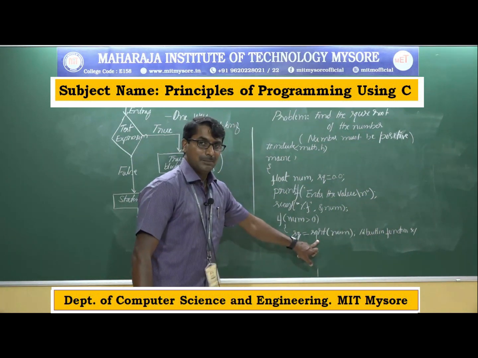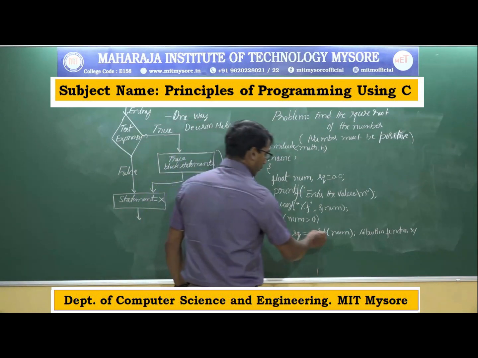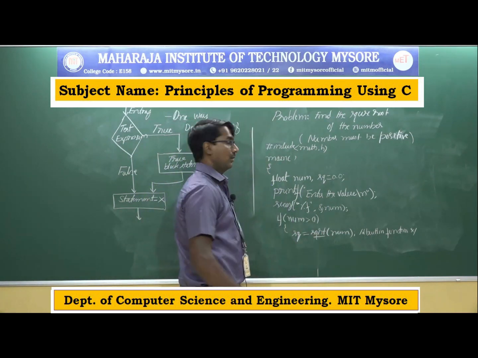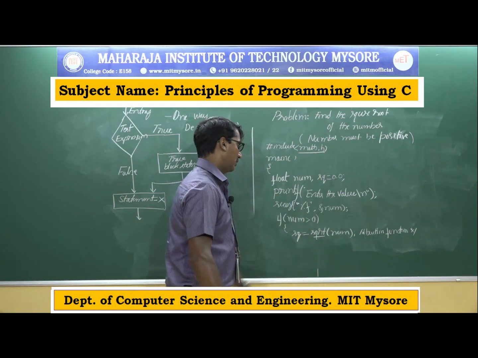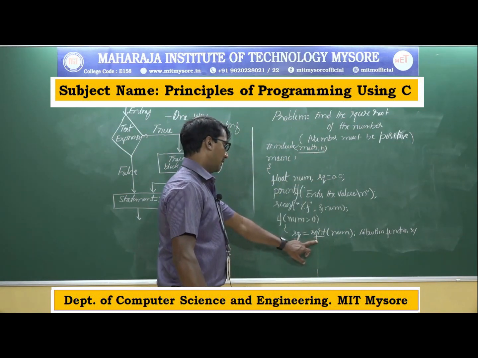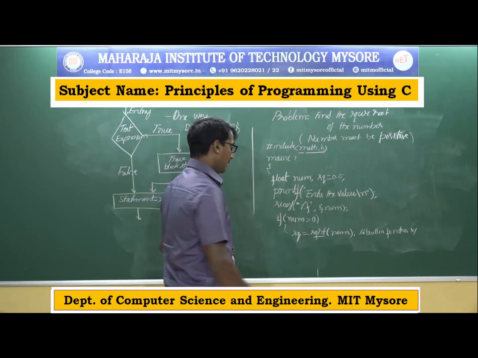Here sqrt is the built-in function for finding the square root of a number. If you want to use the sqrt function, we need to include one header file, math.h. That's why I include math.h.